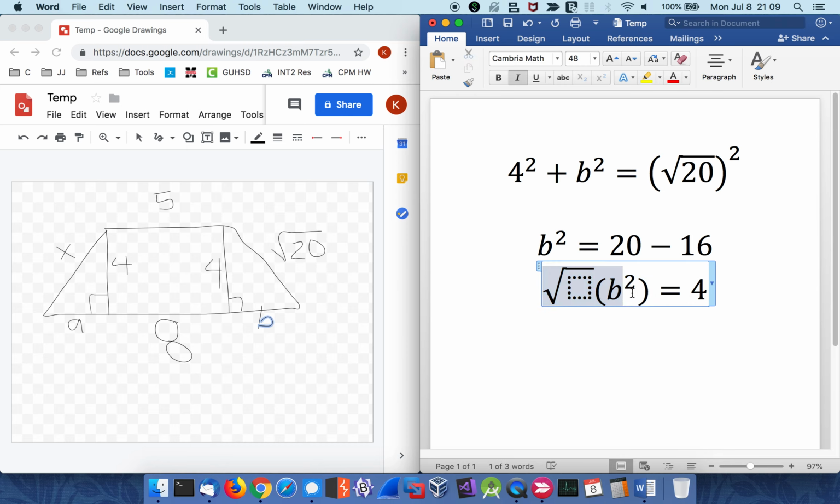Oh man, it's not really doing what I want to do here. Okay, that didn't work too well. This is terrible. Alright, so B squared. How come it's not letting me remove this?